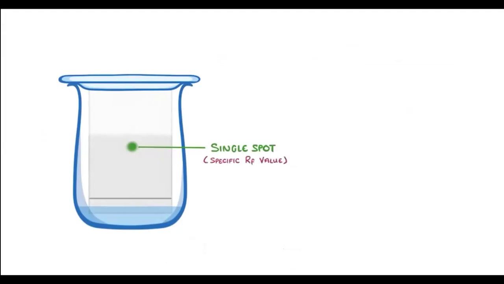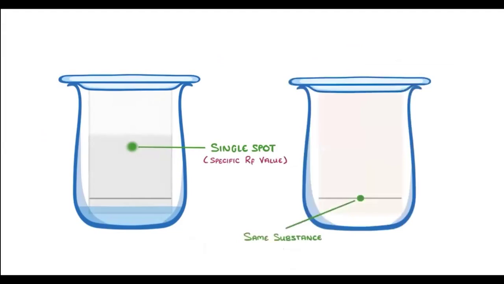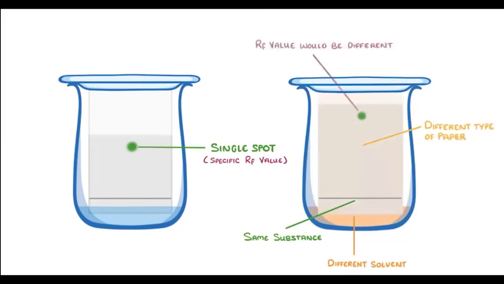However, if we did the experiment again with the same substance but a different solvent or a different type of paper, then the chromatogram might look different. And our RF value would be different too, because we'd have changed the mobile or stationary phase. So when a chemist looks up an RF value in a data book, they'd have to take into account which solvent the experiment was done in and what type of paper was used.